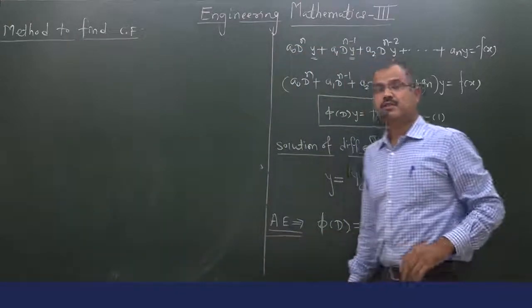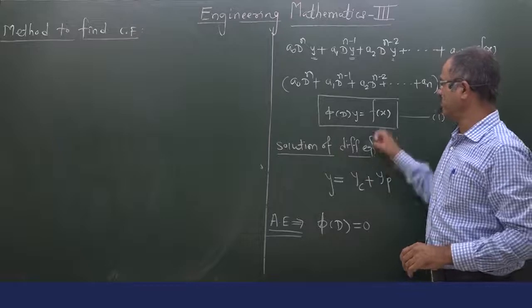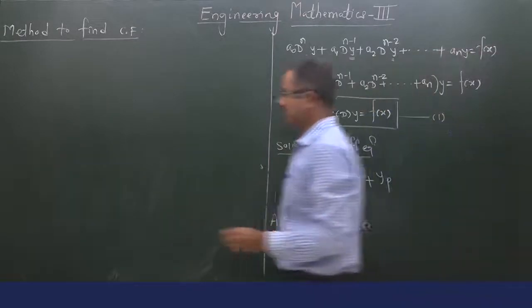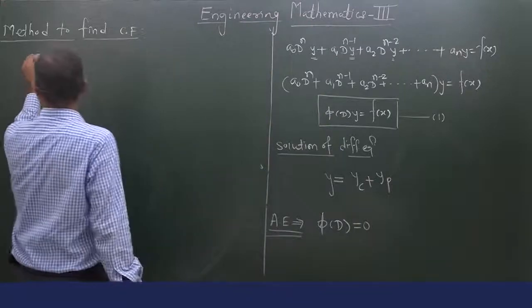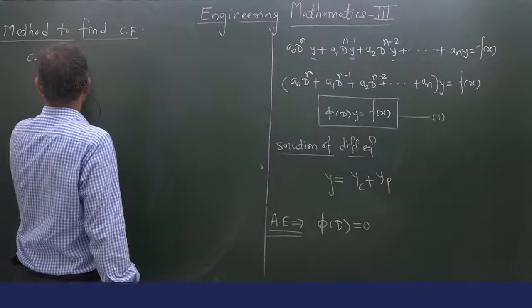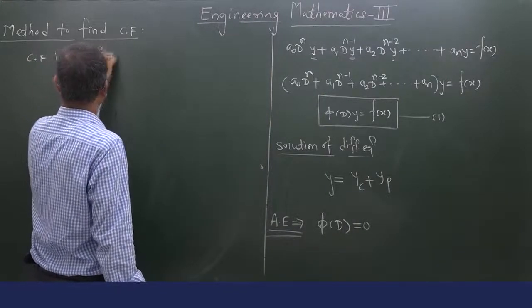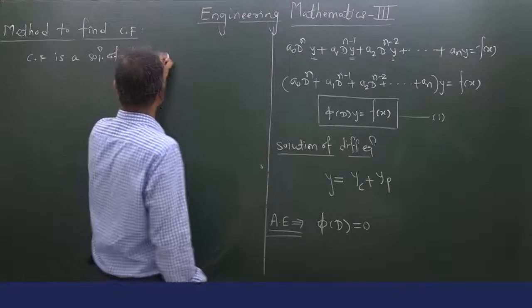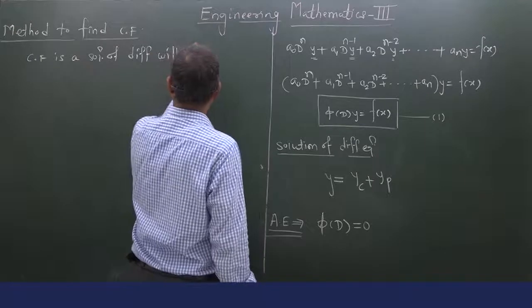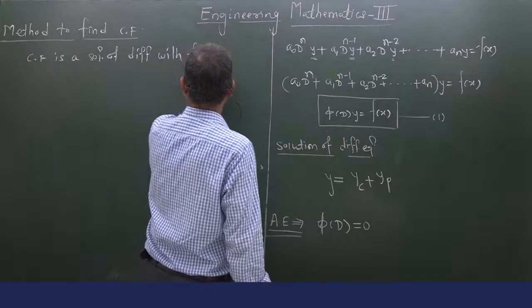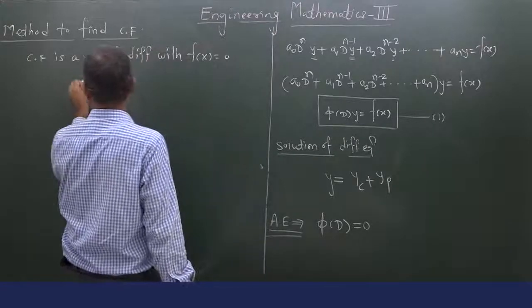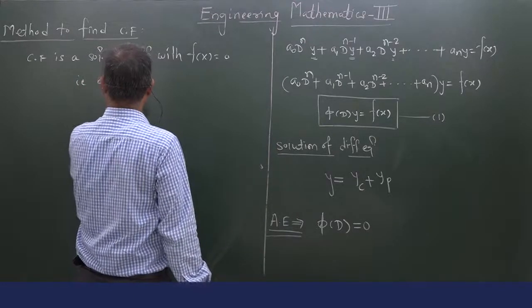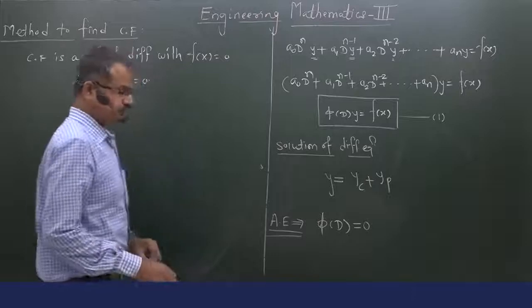Complementary function is just the solution of differential equation with f of x equal to 0. That is, the solution of differential equation phi of D y is equal to 0.